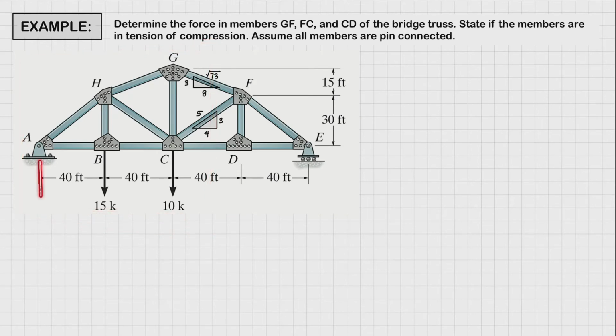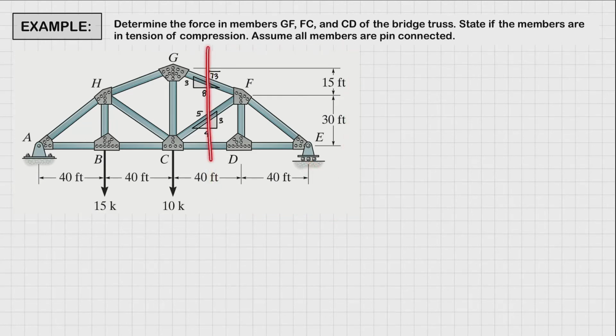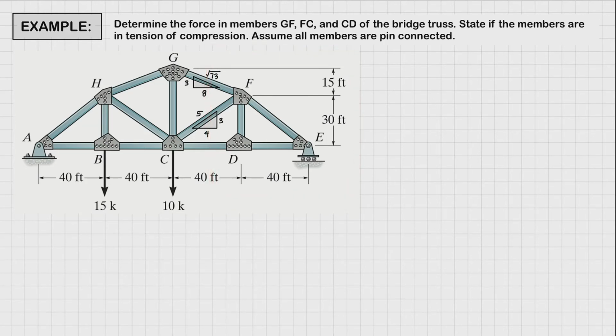We would also have two reactions at point A, while if we consider the right side, it is much simpler. And also considering we only have one reaction at joint E, right? So I think it is safe to assume that we're going to be considering the right side, since it's much easier to solve.